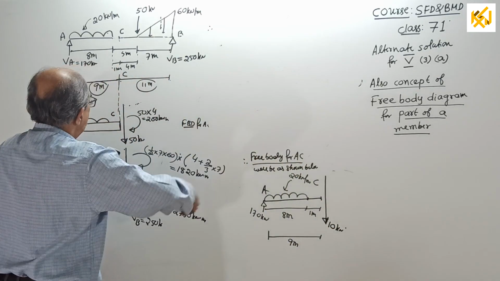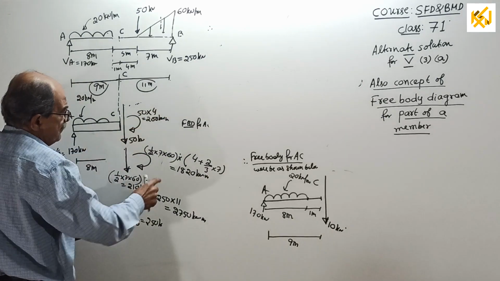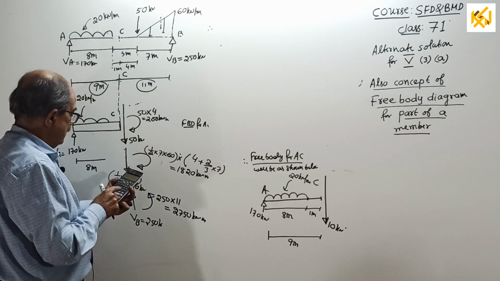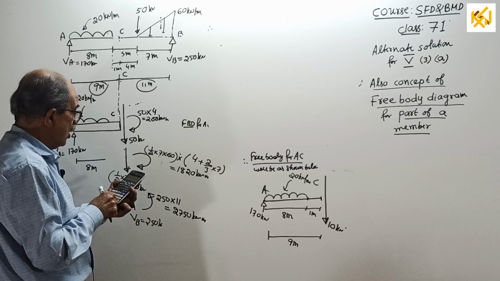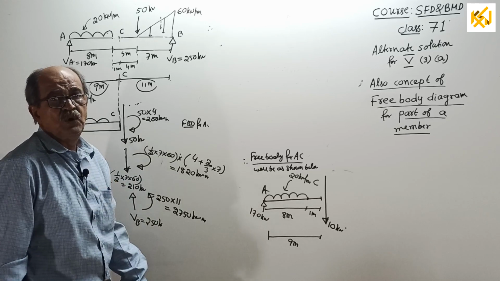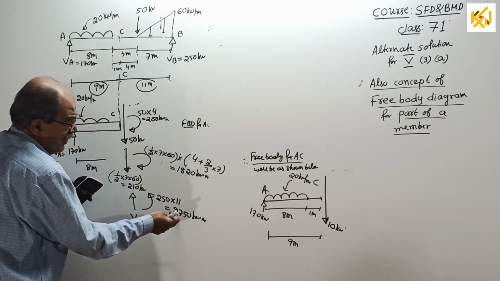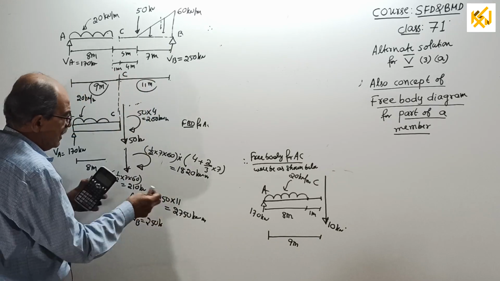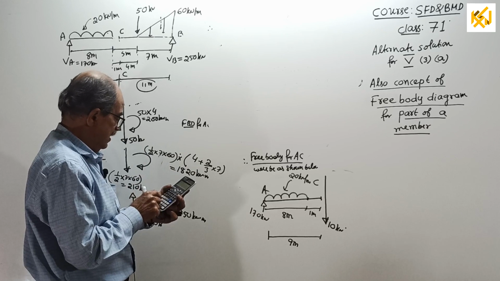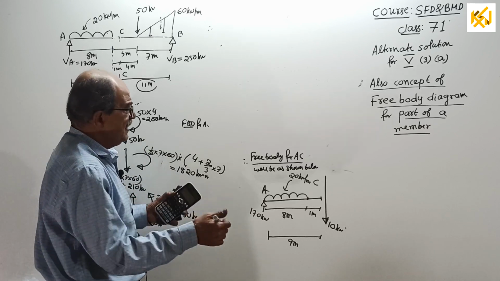Then also 200 clockwise, 1820 clockwise. 200 plus 1820 is 2020 clockwise. 2020 clockwise and 2750 anti-clockwise means this is bigger. So 2750 minus 2020 is 730 anti-clockwise.